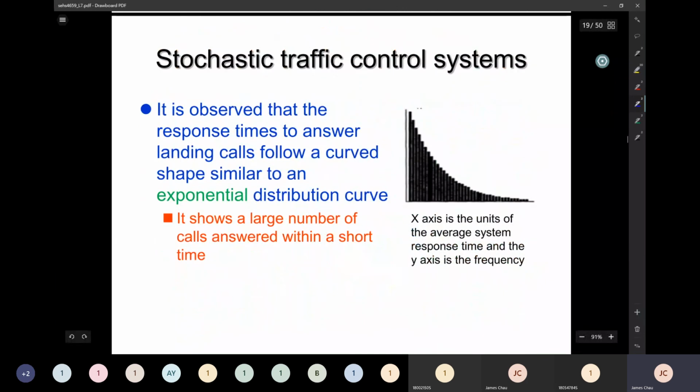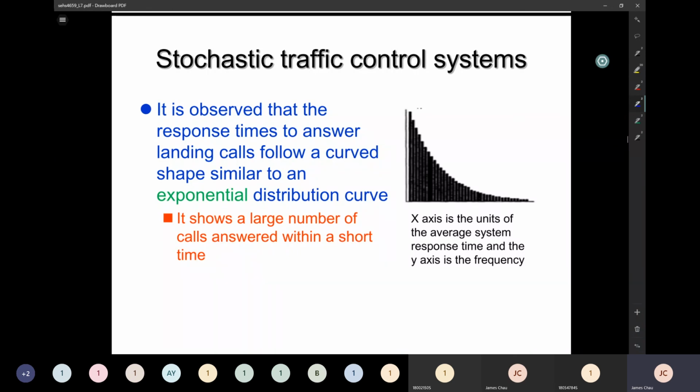Now, normally, the design of the control algorithm relies on stochastic traffic control. Stochastic means probable, relating to probability. For example, it is observed that the response time to answer a landing call may follow a curve similar to the exponential distribution curve.